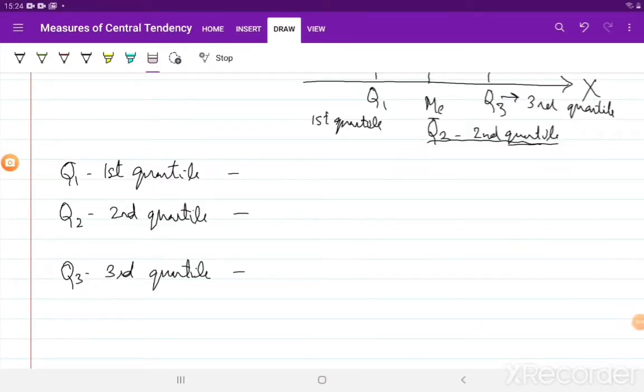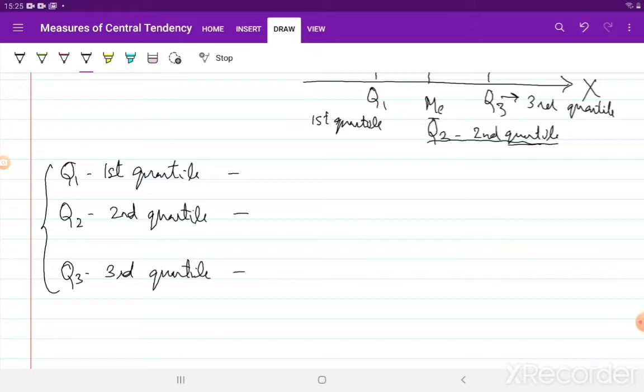I can say that the definition of quartiles is: they are partition values which divide the distribution, or the area under the frequency curve, into 4 equal parts. They are basically 3 in number: Q1, Q2 and Q3.